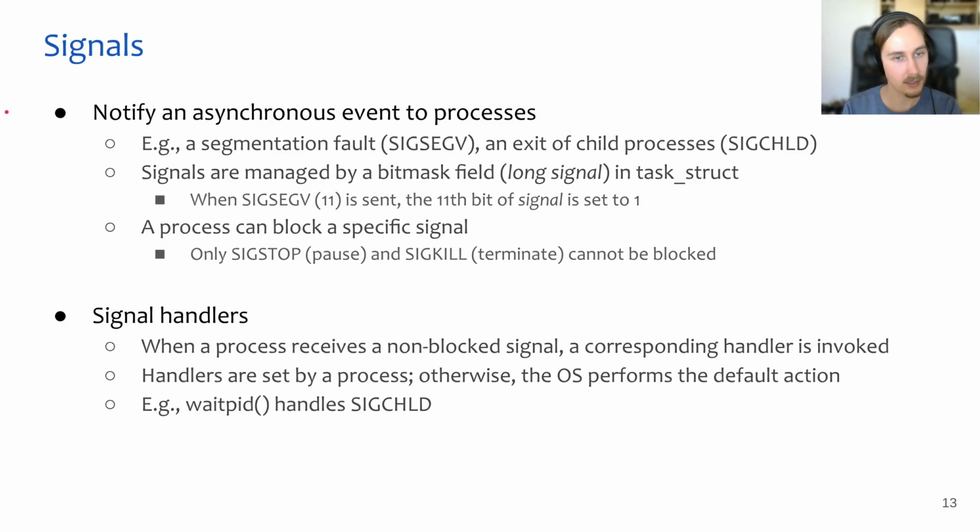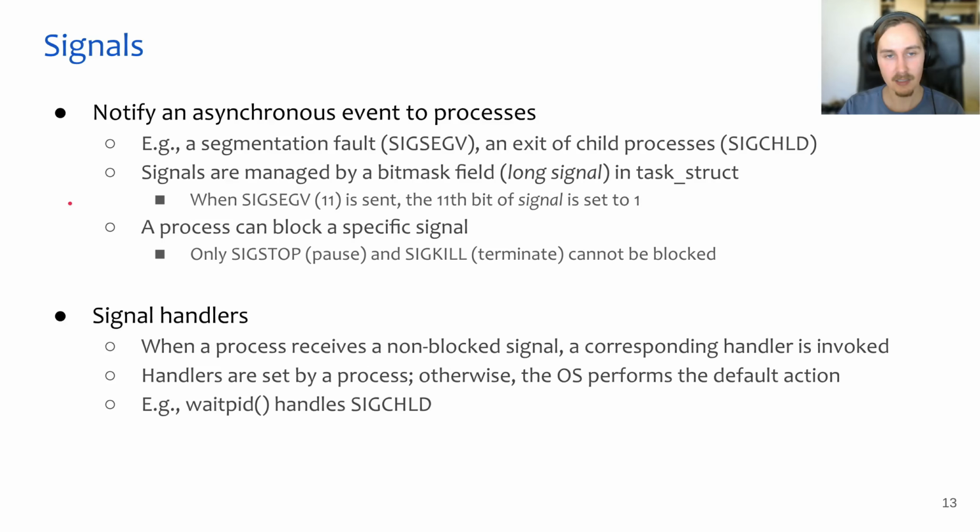So they can interrupt the process at any point in time and without the process actively doing much. Examples for this are segmentation faults, which are raised by the operating system or by hardware, or other signals such as that a child process exited, which is called SIGCHLD.